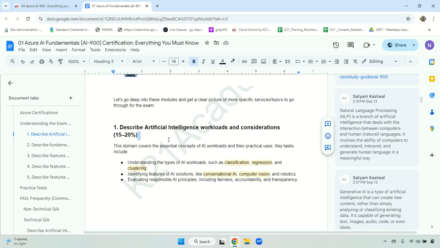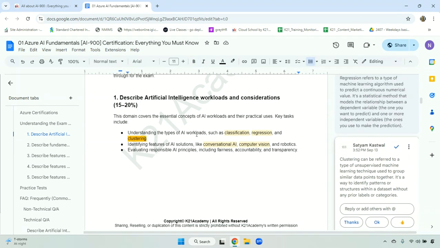This domain covers the essential concepts of AI workloads and their practical uses. Some of the key tasks include understanding the types of AI workload, such as classification, regression, and clustering. Second, identifying the features of AI solutions like conversational AI, computer vision, and robotics.